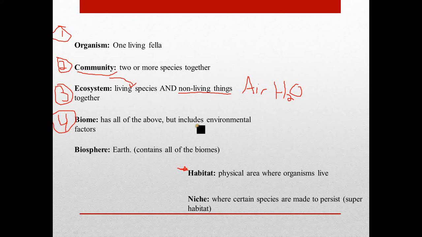And then there's also this term niche that could be kind of tricky. A niche is this: some organisms are better adapted to live in certain places than others. A little analogy is basketball.